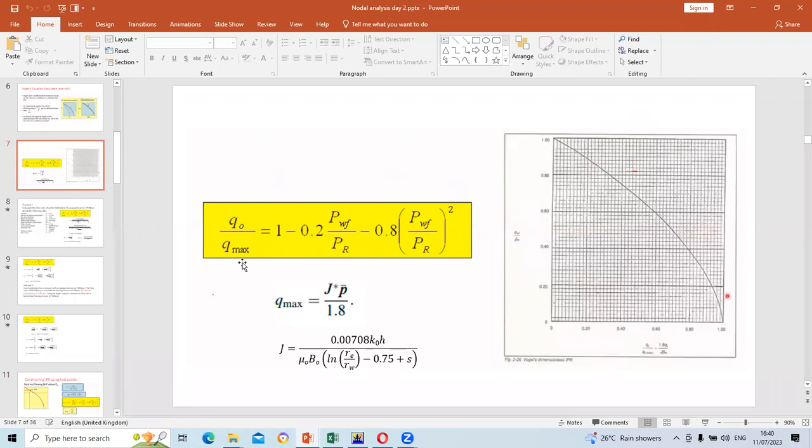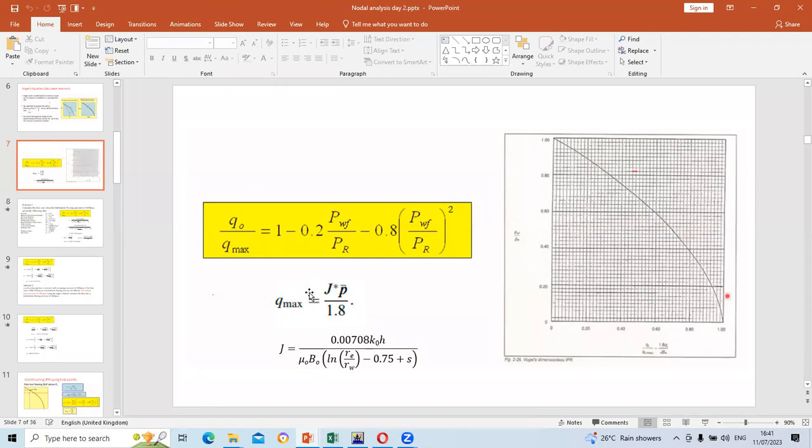You can use the Vogel equation in order to determine this IPR, because this IPR is the bottom hole flowing pressure against rate. So I can draw a graph of bottom hole flowing pressure against rate. The only unknowns in this equation are our reservoir pressure and our Q max.